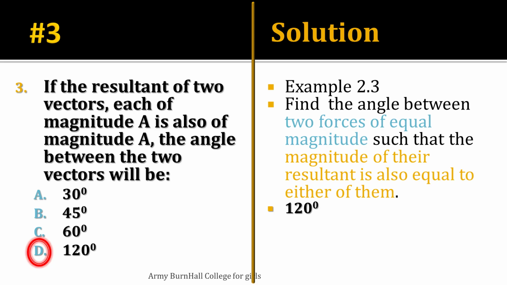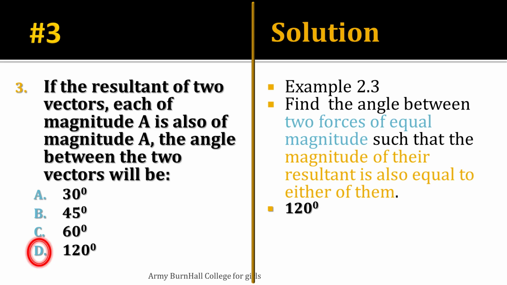If we have any two vectors and their resultant equal in magnitude, it means they are forming an equilateral triangle. Two vectors and their resultant form an equilateral triangle, then the angle between them should be 120 degrees. That is easy for you to remember.